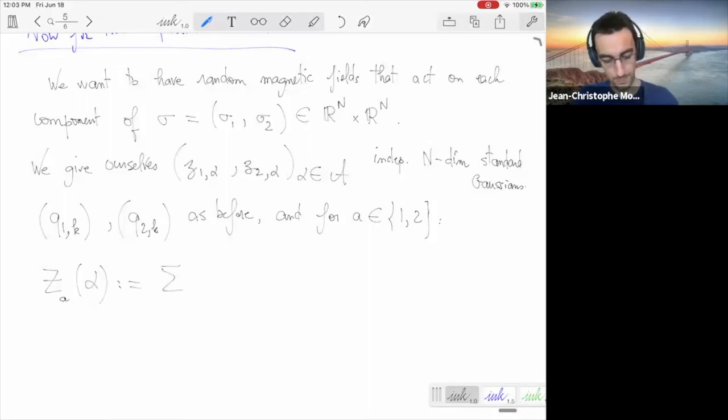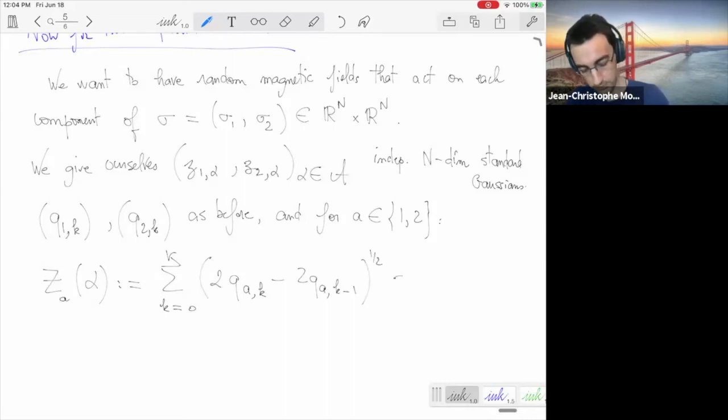It's the sum for k from 0 to capital K of, let's say, if A is 1, it is square root of 2(Q1k minus Q1,k-1) times Z1 of alpha up to level k. Okay, so exactly the same definition as before, except I inserted these A's everywhere.